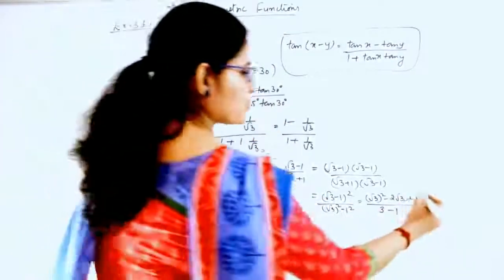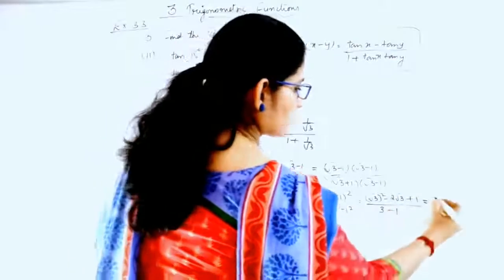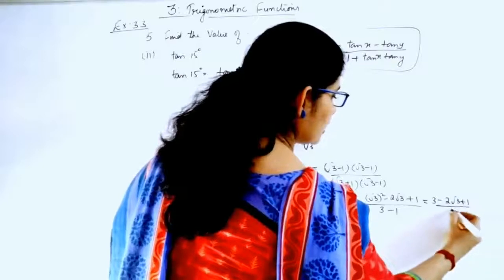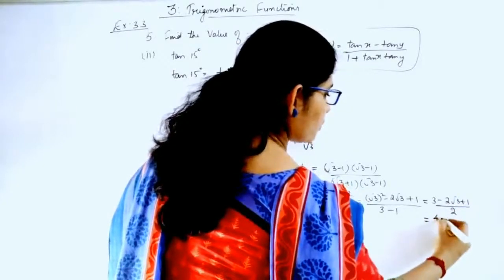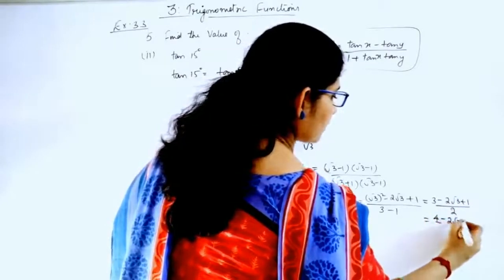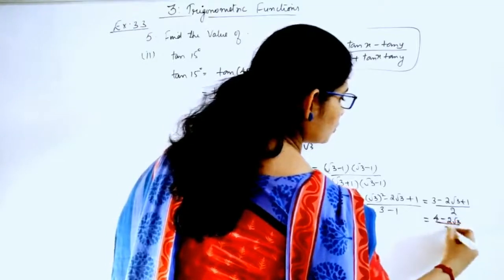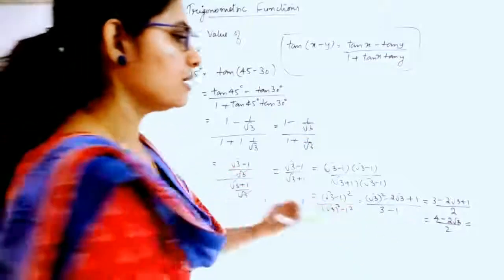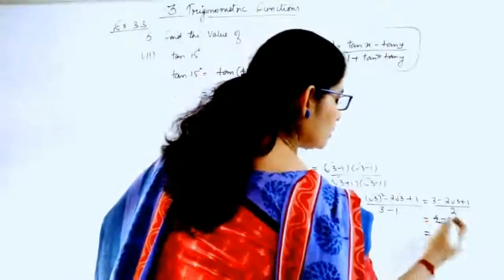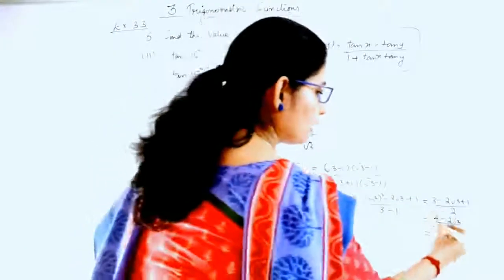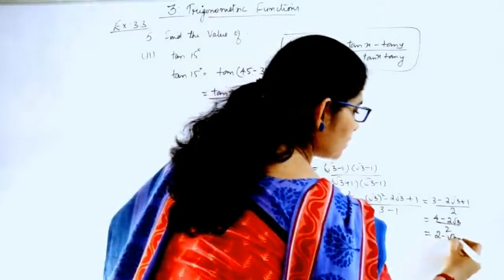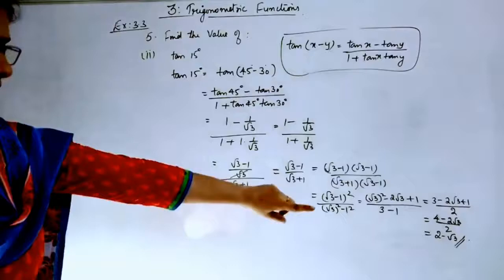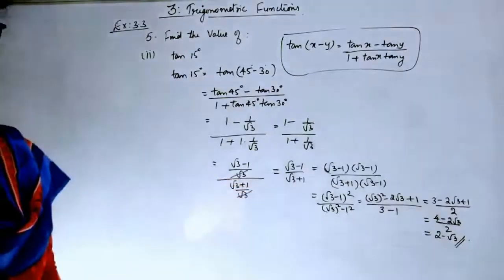So you get 3 minus 2 root 3 plus 1 divided by 2, which is 4 minus 2 root 3 by 2. Or you can take the common factor 2 out of the numerator, so that 2 and 2 get cancelled and you get 2 minus root 3 as your final answer. If you are not rationalizing, this is your answer.